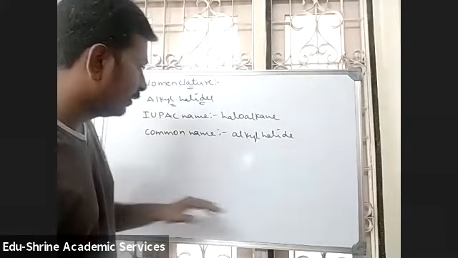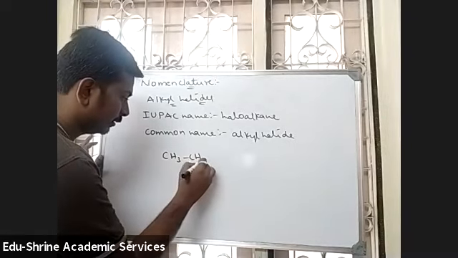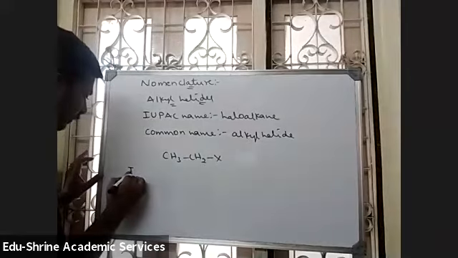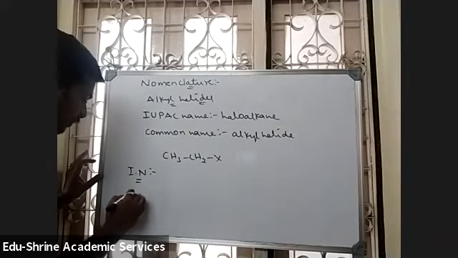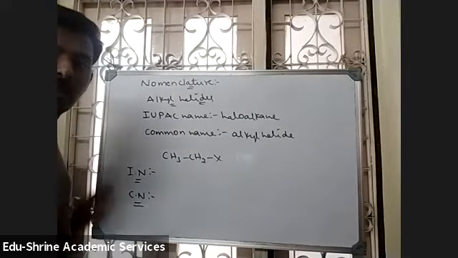Okay, now let us see some examples. For example, tell me students, what will be the IUPAC name and what will be the common name? While writing the IUPAC name, first you need to mention the halogen and then write the suffix alkane. Let me replace X with chlorine.